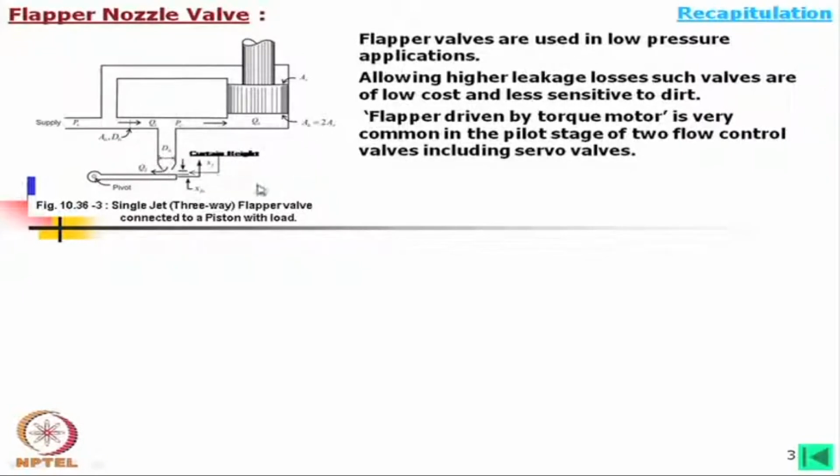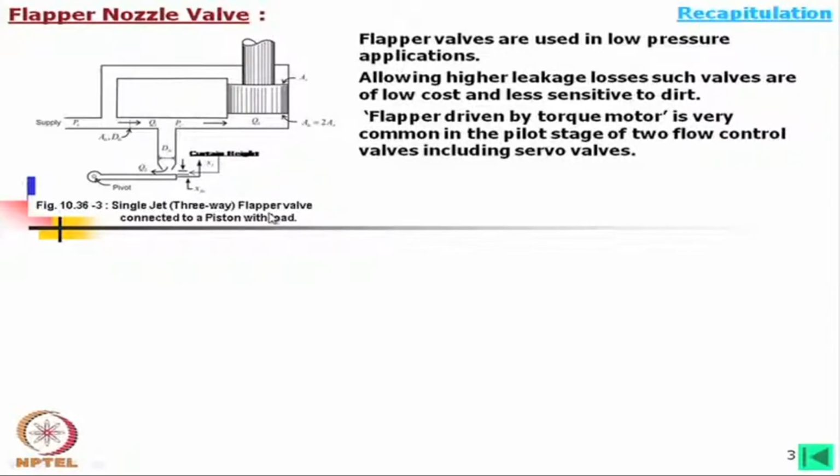This is acting as a 3-way spool valve, but in most cases the application of this flapper valve is at the pilot stage of a 4-way valve. I will show later that if we use this jet in the other directions also, then we can imagine a four-way spool valve.